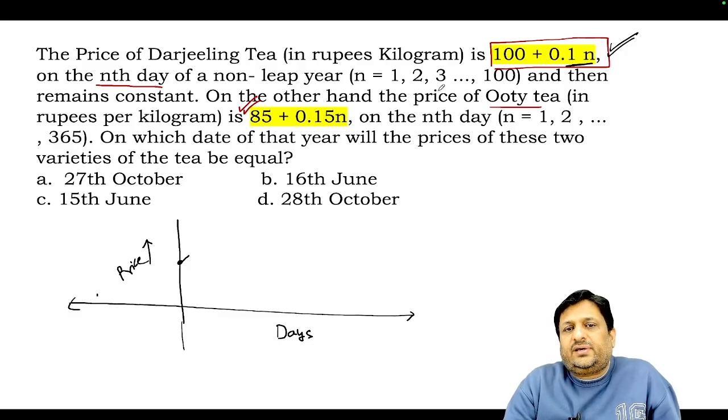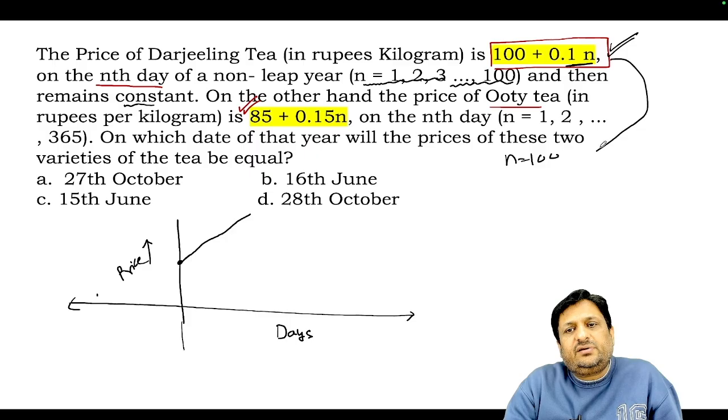Now understand one more thing that is given here. After 100 days, the price becomes constant. So it will first keep on increasing like this till 100 days. On the 100th day, what will be the price? If I put n as 100, the price of Darjeeling tea will become 100 plus 0.1 into 100, which is 10, and 110 will be the final price.